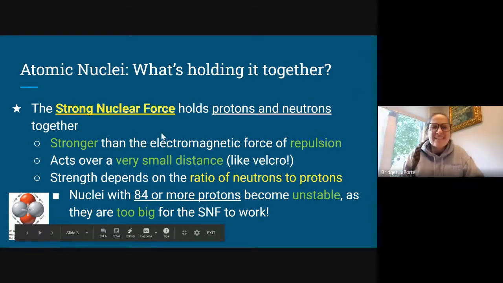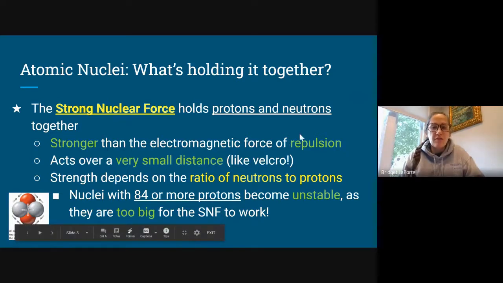Anyway, the strong nuclear force is stronger than the electromagnetic force of repulsion. So remember, protons are all positively charged. So when you jam a lot of protons, right, 84 protons is a lot of positive charges to have in a small space. And positive charges don't want to be near other positive charges.